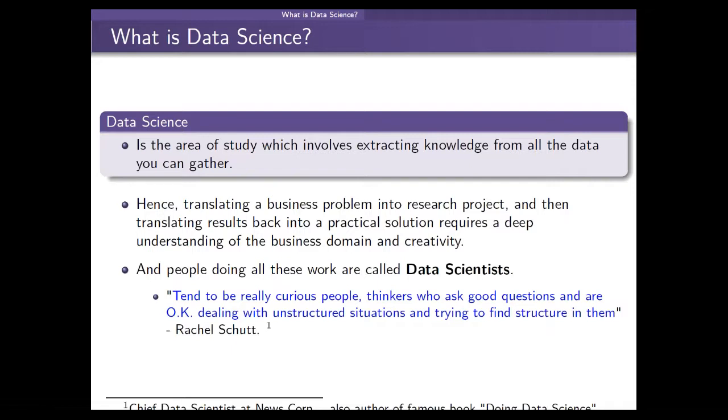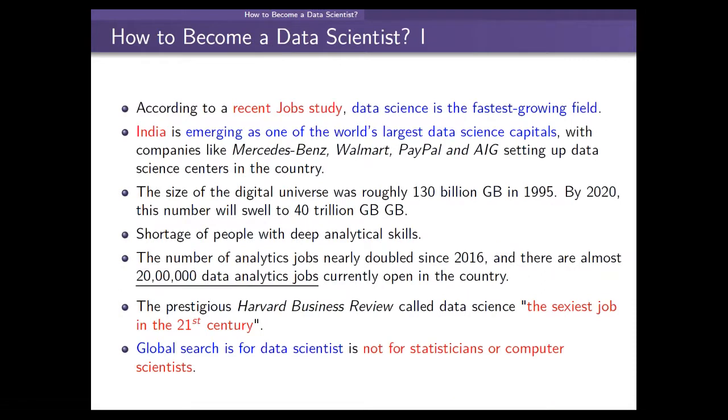So one of the qualities required for data scientists is to handle unstructured data. You have to convert unstructured data to structured data, and then the structured data can be used for analytic purposes. So this is the basic definition given by Rachel, and then we'll talk about how to become a data scientist.